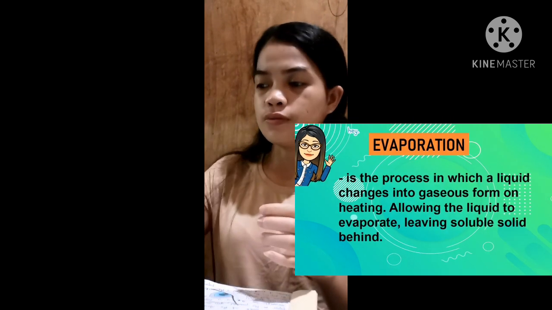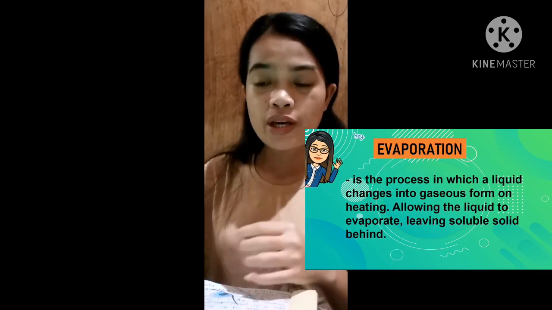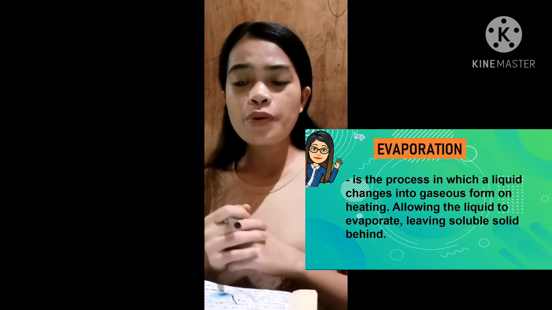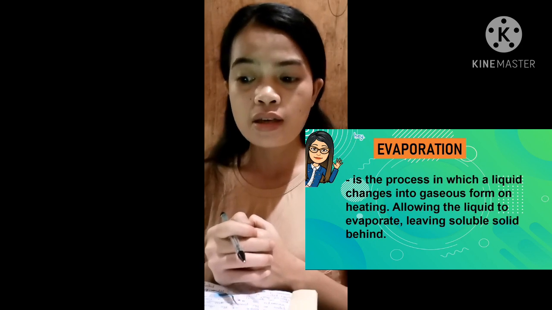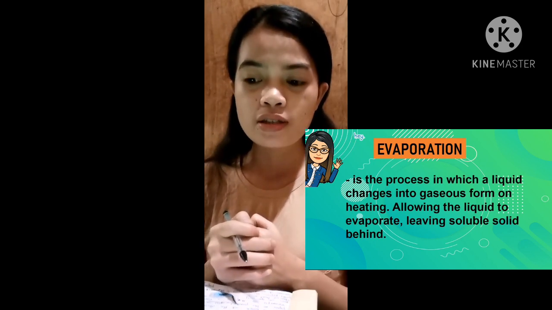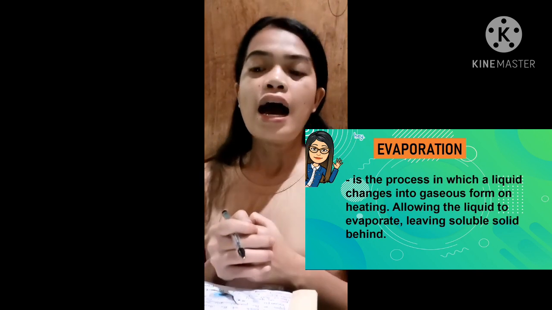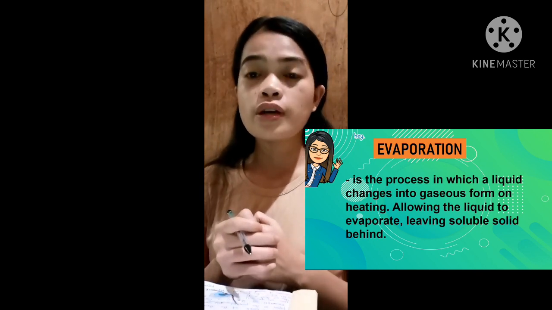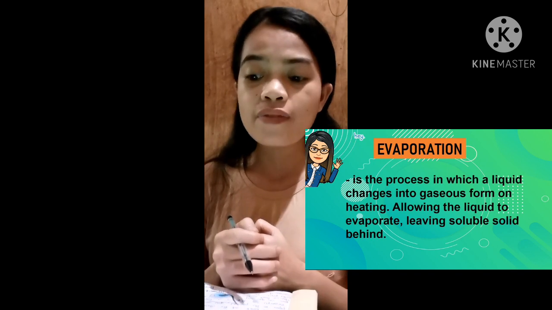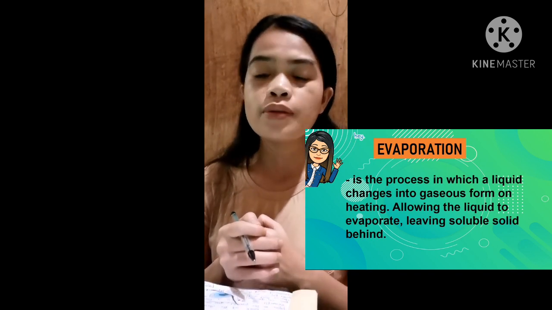Another way of separating mixtures is by means of evaporation. So, what is evaporation? Evaporation is the process in which a liquid changes into gaseous form by heating, allowing the liquid to evaporate, leaving the soluble solid behind.